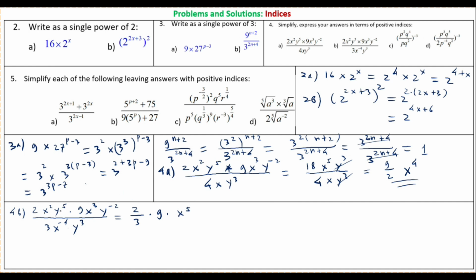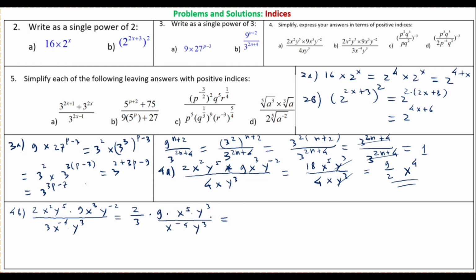And then y to the power of 5 multiplied by y to the power of minus 2, so it becomes y to the power of 3. And all divided by x to the power of minus 4, y to the power of 3.